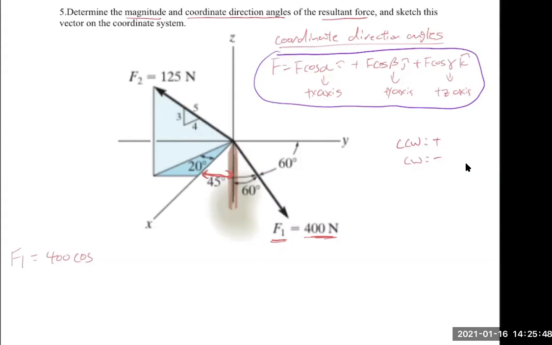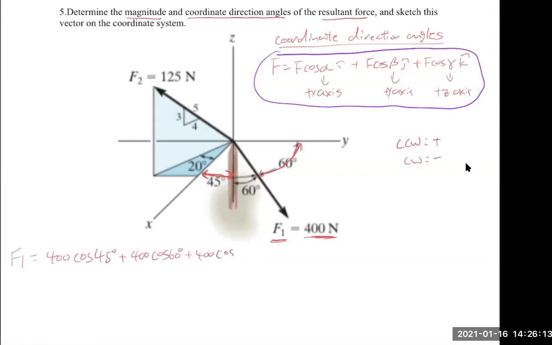Okay, so F1 equals 400 cosine of its alpha, so 45 degrees, plus 400 cosine of its beta. Its beta is going to be the 60 degrees right here, 60 degrees to its y-axis. And plus 400 cosine of this gamma.